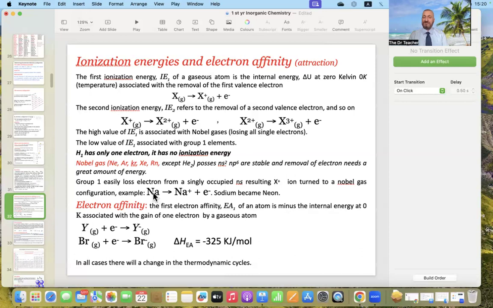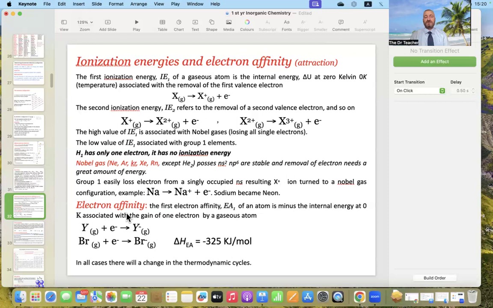What is 10? That is neon. Neon 10, argon 18, krypton, xenon. So losing 1 electron, it will become a noble gas.